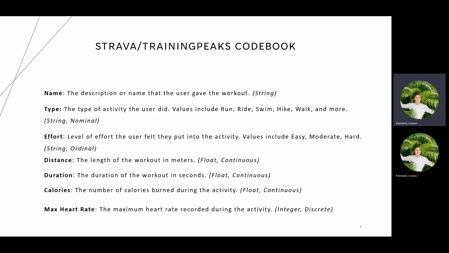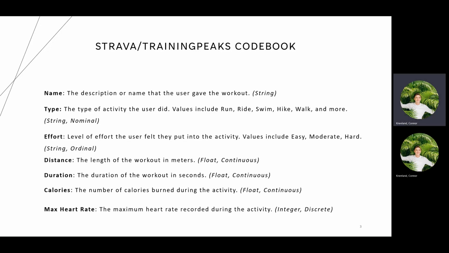So that's nominal: run, ride, swim, hike, walk. Also the level of effort that the user felt they put into the activity, how far they went in their workout in meters, the duration of the workout, the number of calories they burned in the workout, and their max heart rate. But there's also average heart rate and a couple other ones too, including speed.